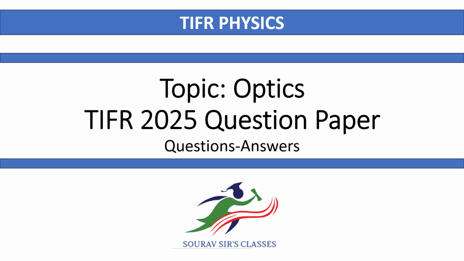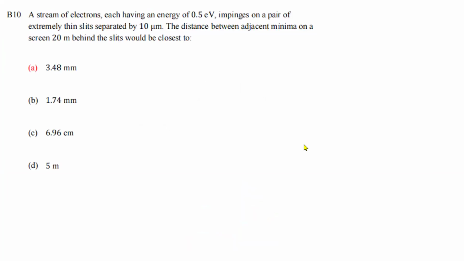Let us solve one more problem from the optics section of the TIFR 2025 question paper. The problem states that a stream of electrons having an energy of 0.5 eV impinges on a pair of extremely thin slits separated by 10 micrometer.